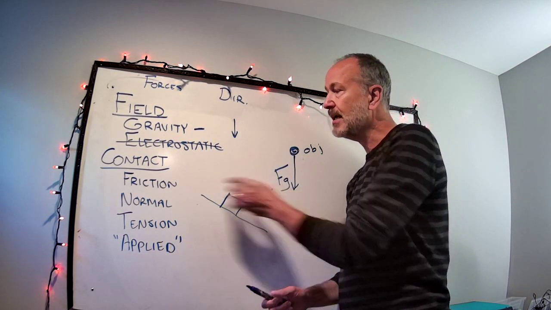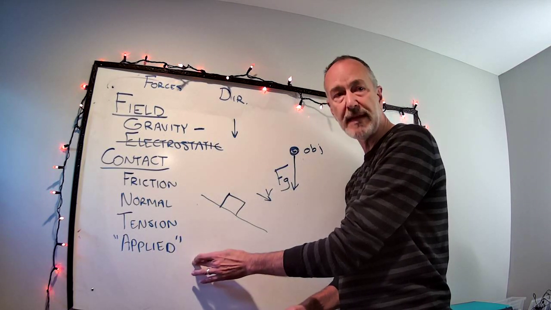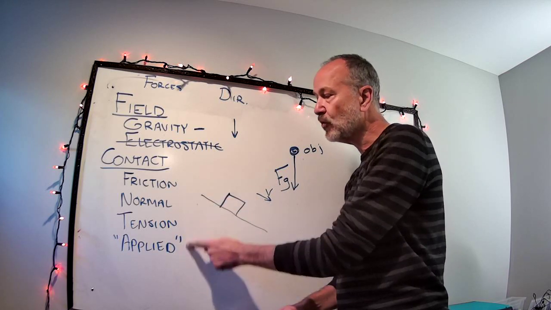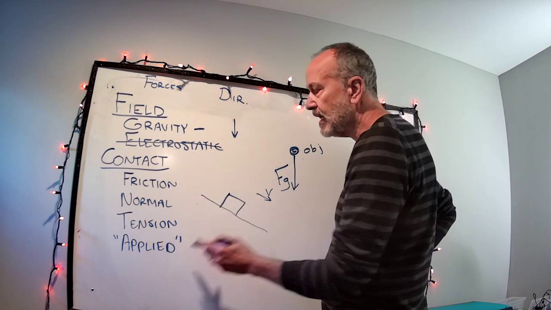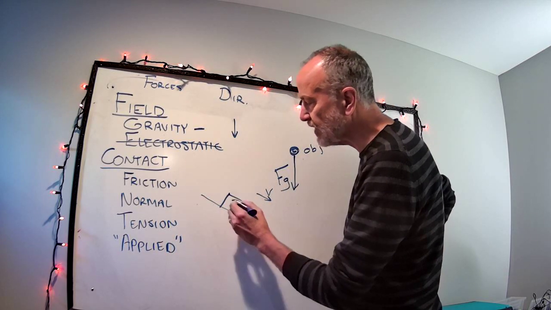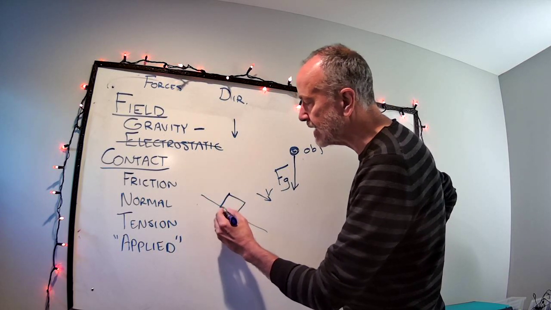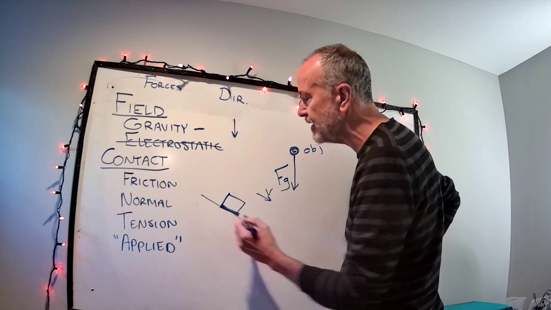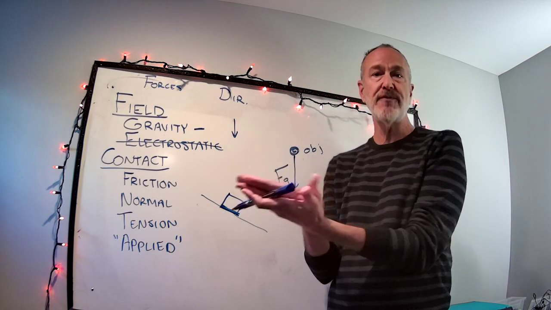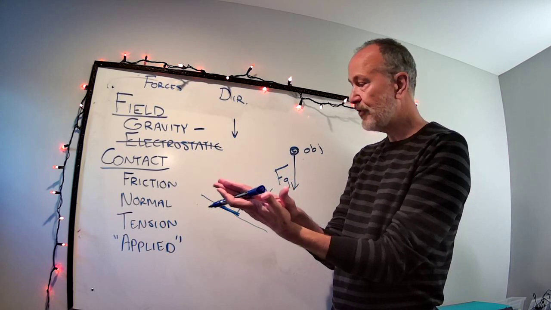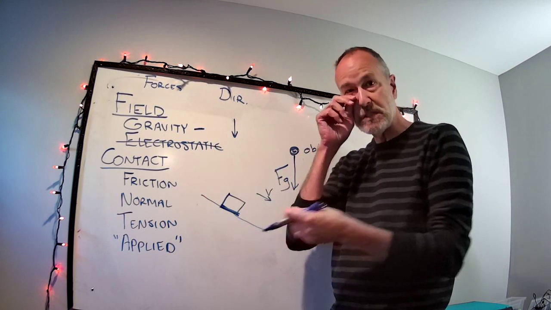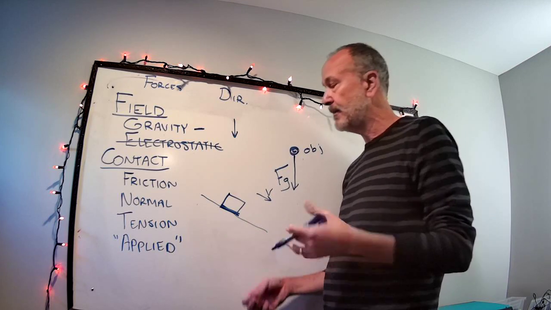Then I want to look at every possible force and see if that can be on there. These are the other forces we've talked about. Well, these are all contact forces. So all I have to do is really say, where is this block in contact with anything? Oh, right there. There is only that surface of the ramp touching the block. So that surface is the only thing that can be putting a force on it.